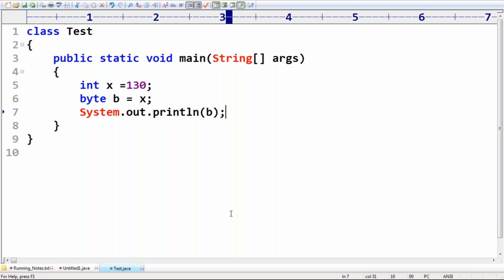Who is responsible to perform it? The programmer, explicitly. Now I'm telling the compiler, if any loss of information is there, no problem, I will take care, please allow. How can you specify this? By using byte in parentheses.